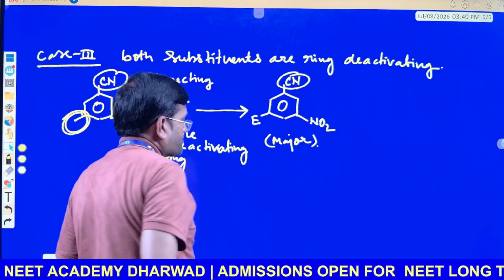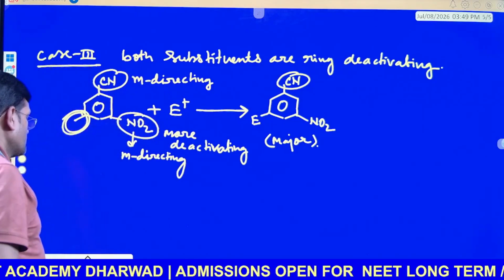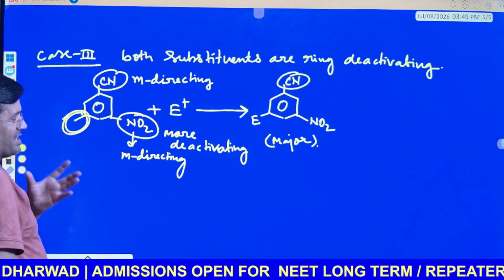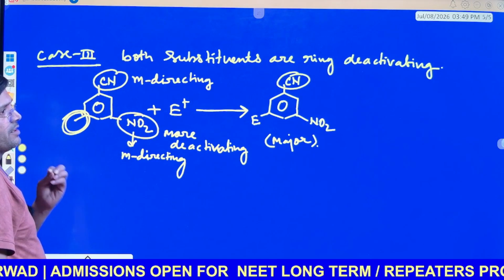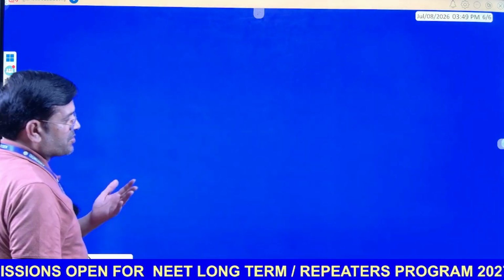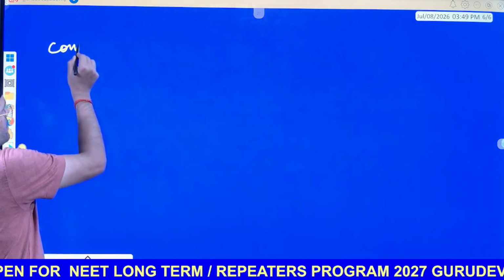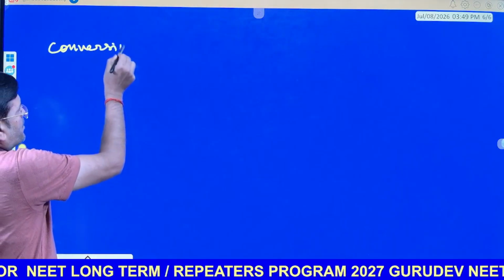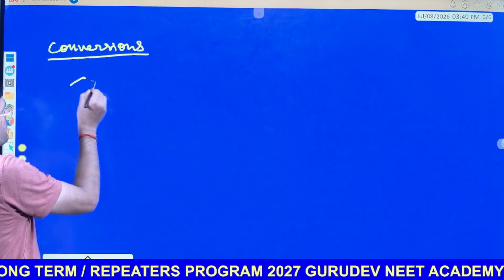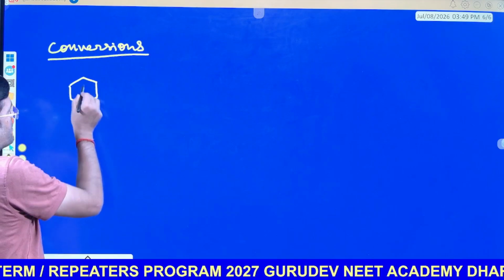Okay. What is the basic use of this directive effect in benzene and its derivatives? One of the uses is in conversions. Very important for JEE. Suppose you have to carry out this conversion.